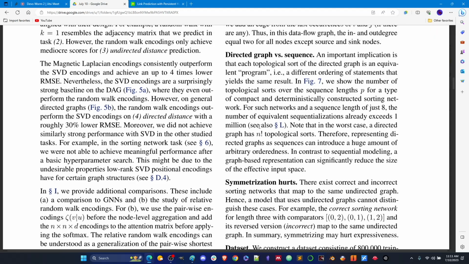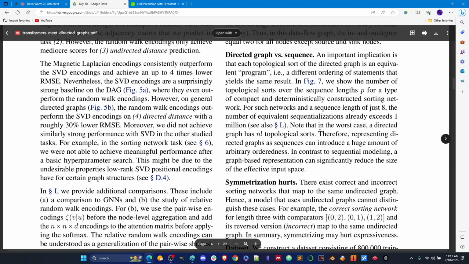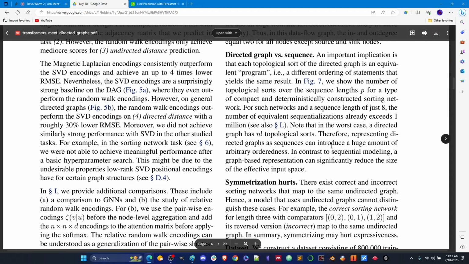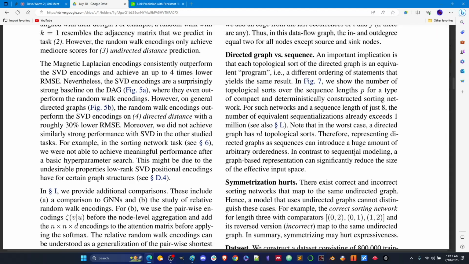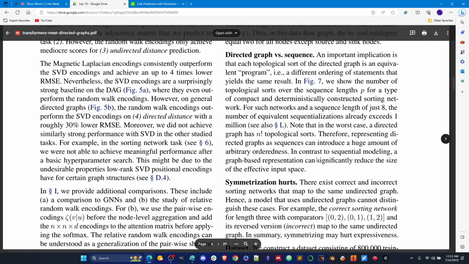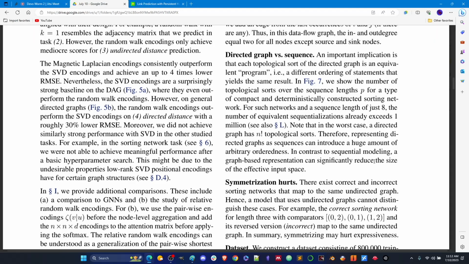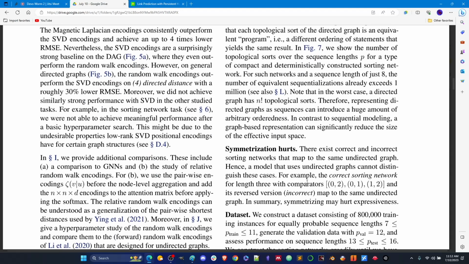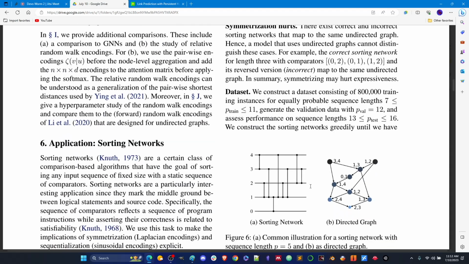Note that in the worst case, a directed graph has n factorial topological sorts. So that's a big number. Therefore, representing directed graphs as sequences can introduce a huge amount of arbitrary orderedness. In contrast to sequential modeling, a graph-based representation can significantly reduce the size of the effective input space. So that's just a note on some of these different applications.